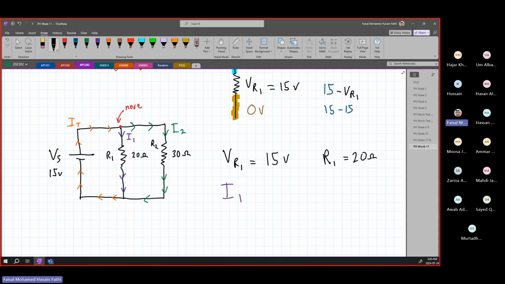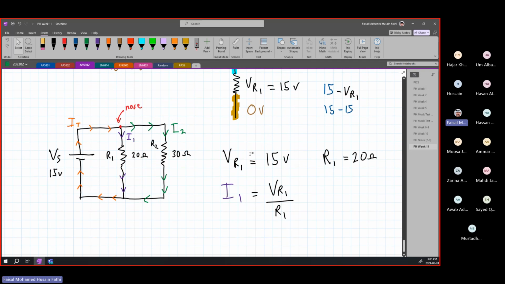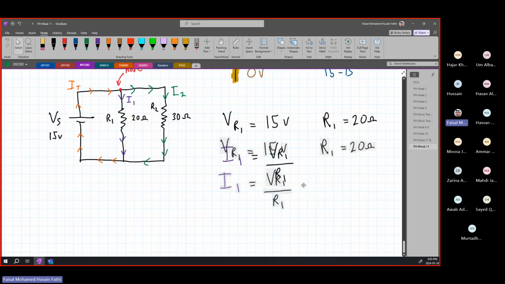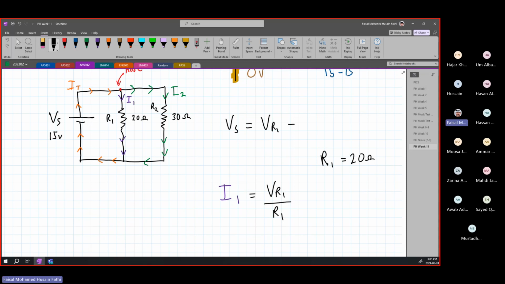Remember that I1 is equal to VR1 over R1, and VR1 is equal to V. These are all just equal to the voltage. A better way to explain it is that Vs is equal to VR1 is equal to VR2, which we can simply call V, our voltage, which is 15 volts.